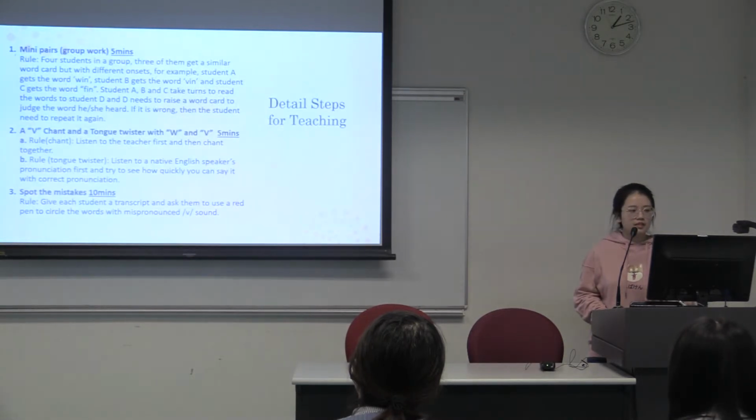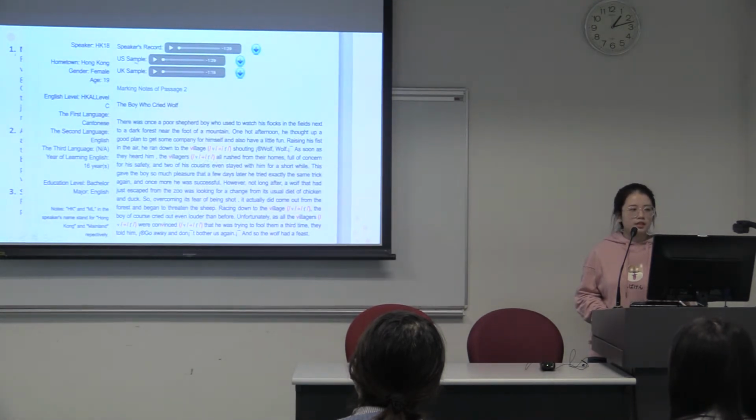And then we will let them listen to native speakers, such as the US sample and UK sample of the whole text. And then students have to use a red pen to mark what is wrong.